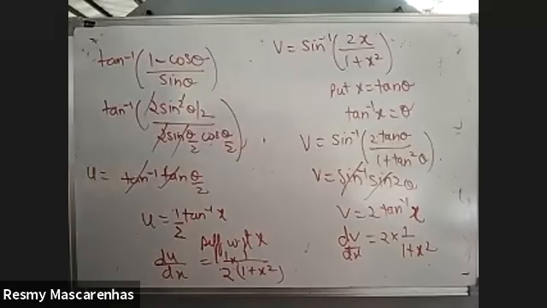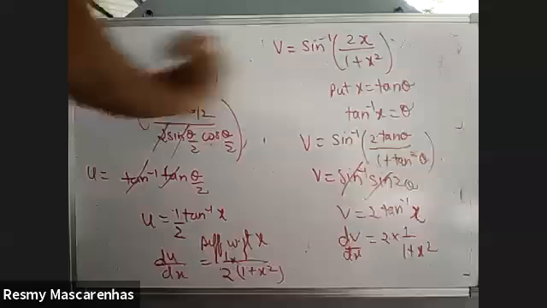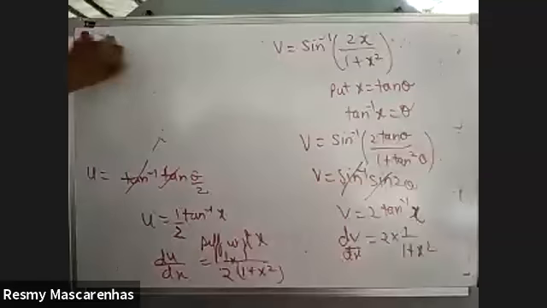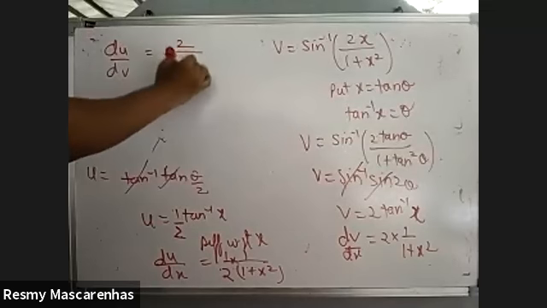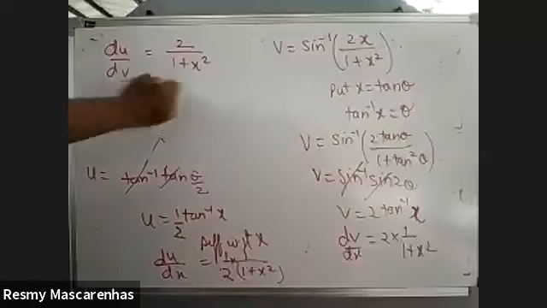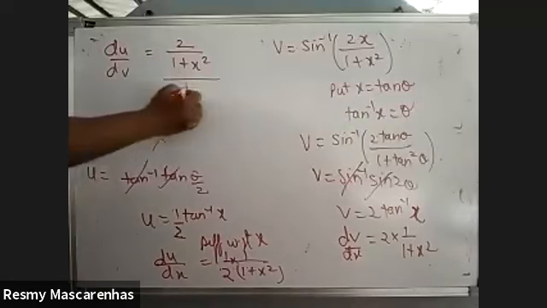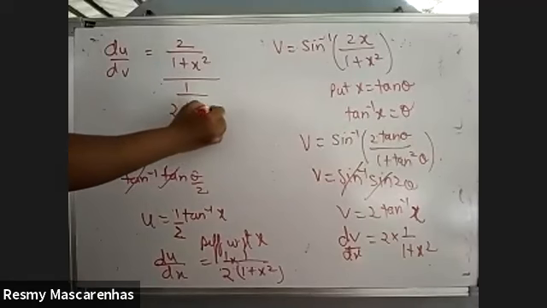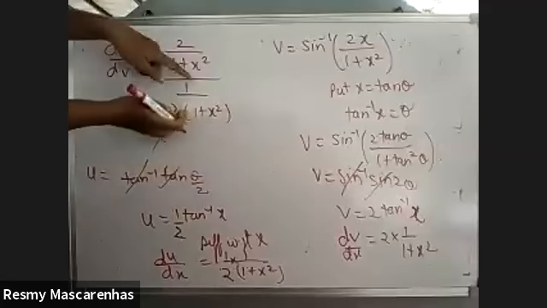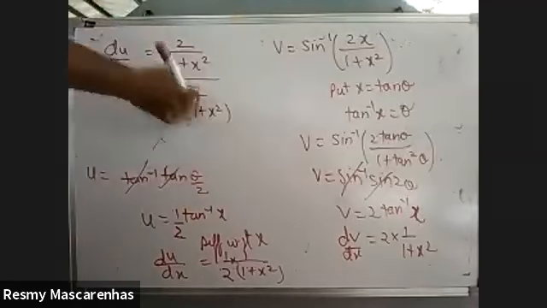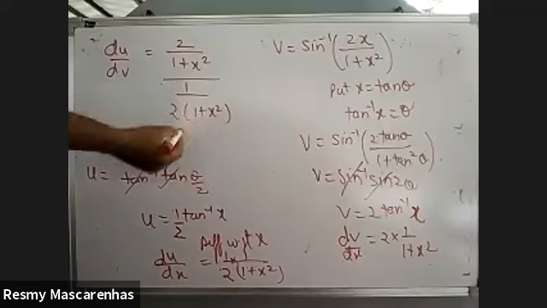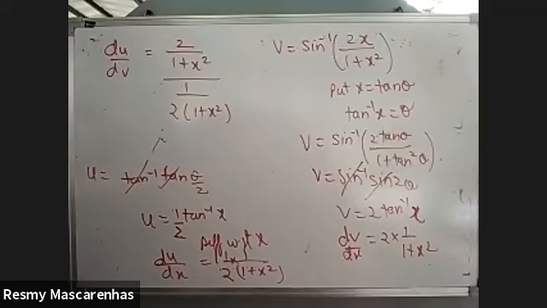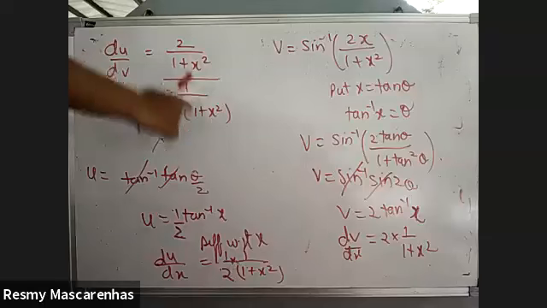So du upon dv will be 2 upon 1 plus x square upon 1 upon... Now this part will reverse. Only alternate ones you can cancel. 2 and 2 is not alternate. Only these 2 are alternate.